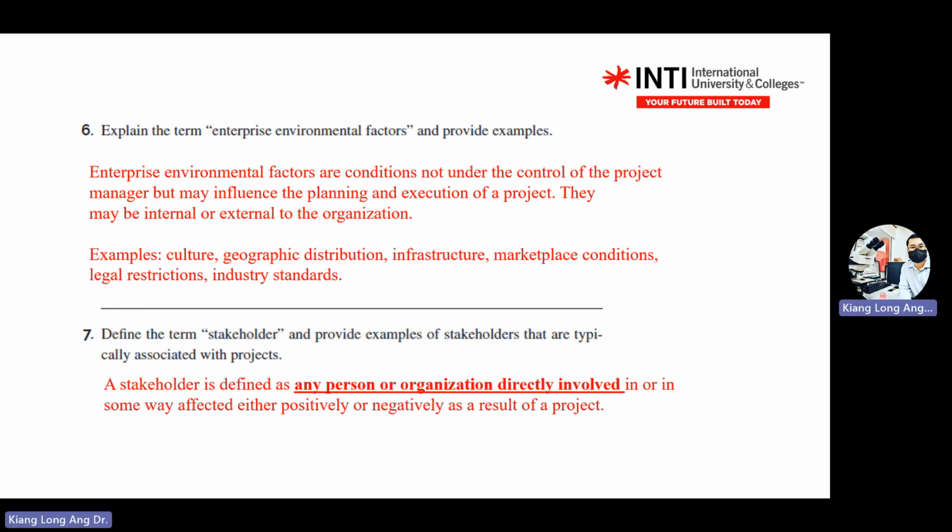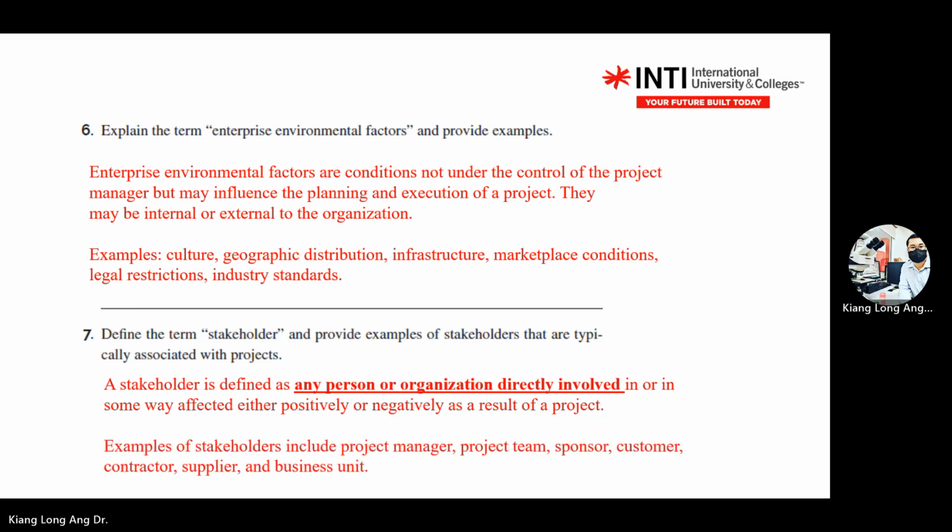For example, government, constitution, some worker union. That one outside is a secondary stakeholder. Okay. So an example is project manager, team, sponsor, contractor, supplier, business unit. These are stakeholders.